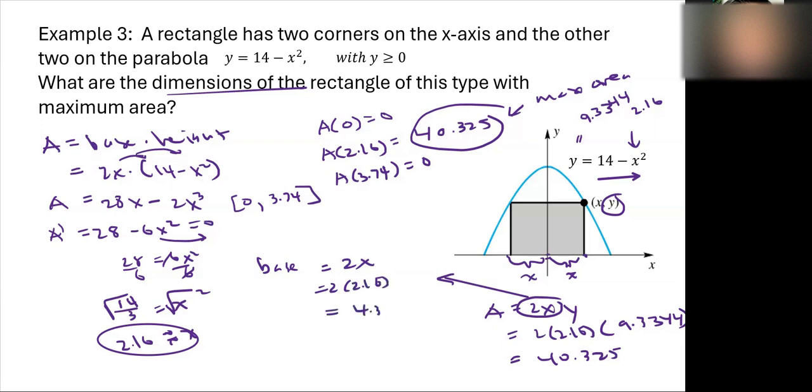So that's going to give us 4.32. Okay, so the dimensions are going to be 4.32 by 9.3344. Okay, all right. And again, once we multiply that, we're going to get that 40.325 area.